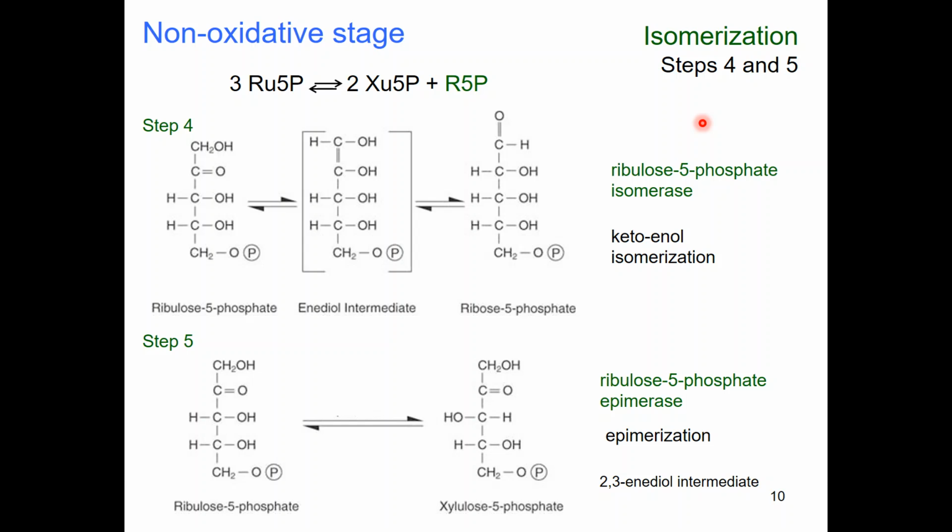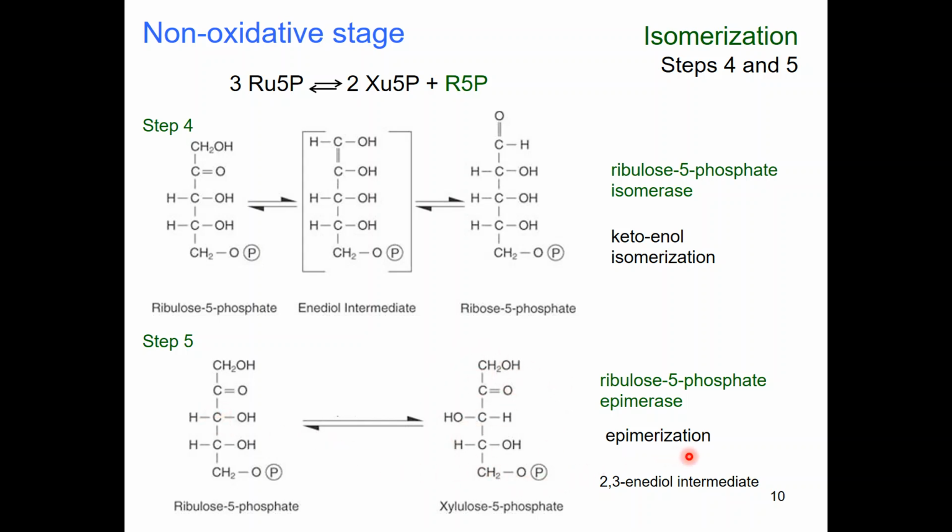So now we are ready to start isomerization reactions. And here we are going to use two types of isomerases. So ribulose 5-phosphate can be either isomerized into its aldose isomer, ribose 5-phosphate, through the formation of a 1,2-enediol intermediate, or it can change the configuration at carbon number 3 at this chirality center to become xylulose 5-phosphate.